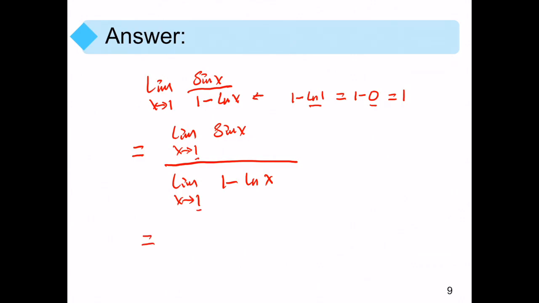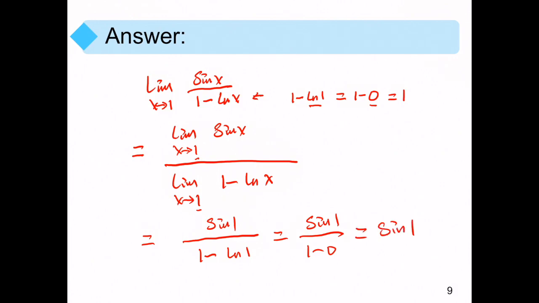So the numerator will be sin 1, and the denominator will be 1 minus ln 1. That gives us sin 1 over 1 minus 0, which equals sin 1. This will be our final answer.